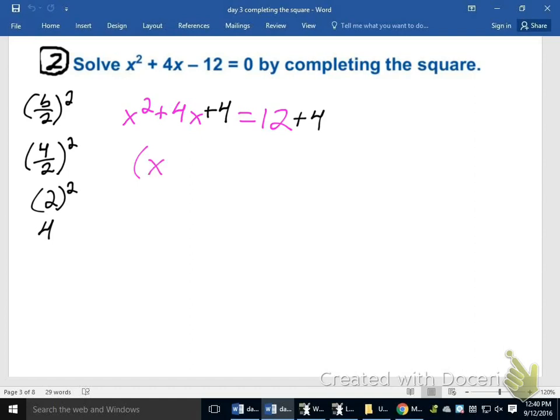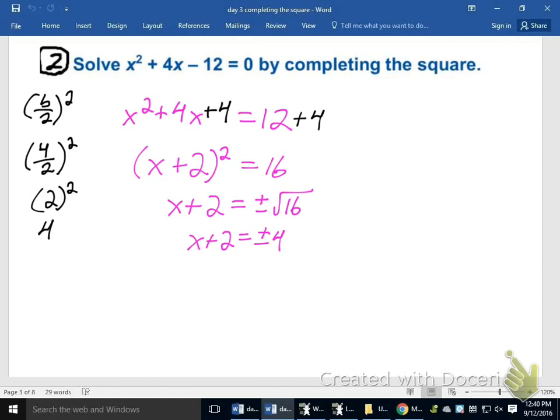So it's x plus 2 squared. Equals, on the right-hand side, I have a 16. The reason why that's really handy is now I can undo the square in the process of solving for x. So if I undo that square, it will be by taking the square root, the positive or negative square root of 16, which is positive or negative 4.